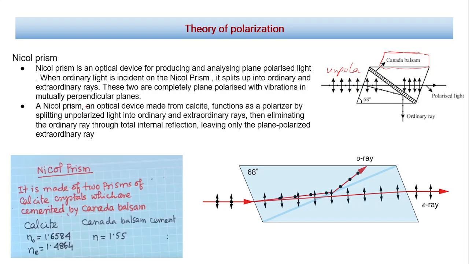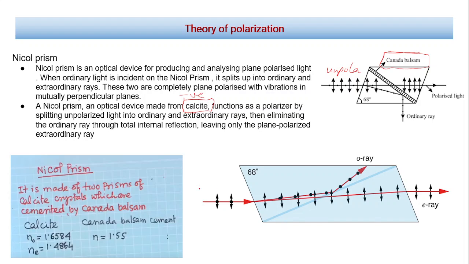So again, a Nicol prism is an optical device made from calcite material, which is a negative uniaxial crystal. It functions as a polarizer by splitting unpolarized light into ordinary and extraordinary rays, then eliminating the ordinary ray through total internal reflection, leaving only the plane polarized extraordinary ray. So what is happening is, these are two calcite prisms that we have pasted using Canada balsam.